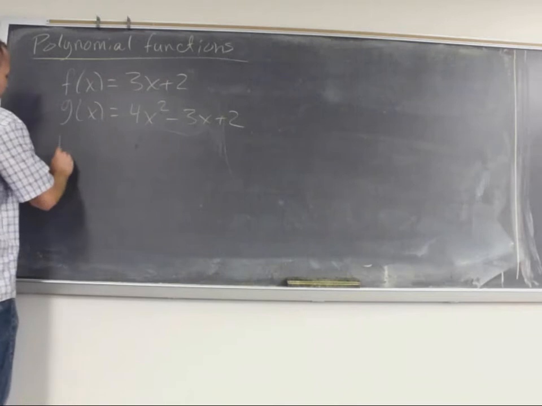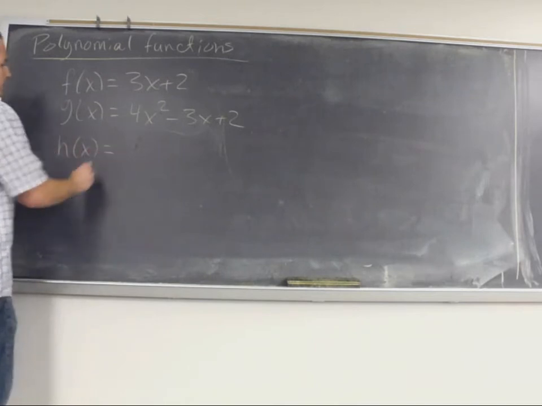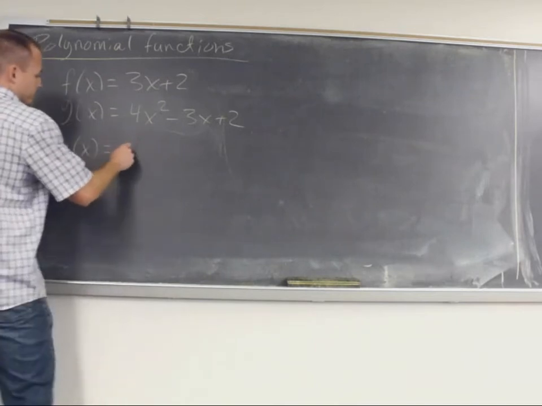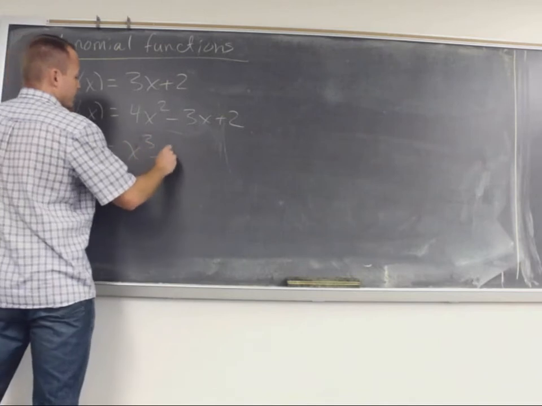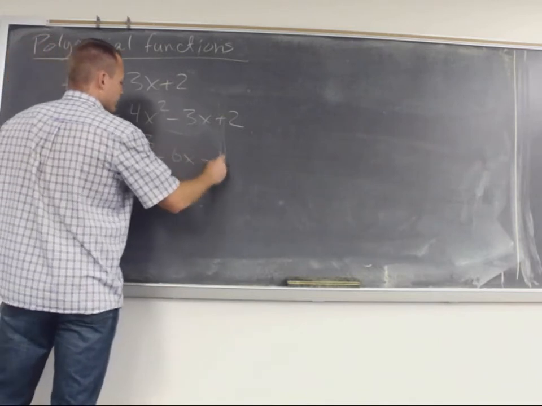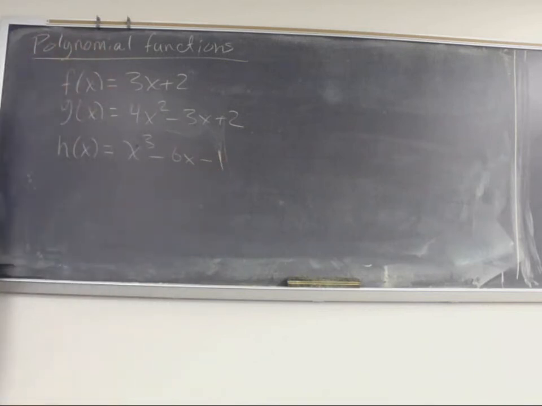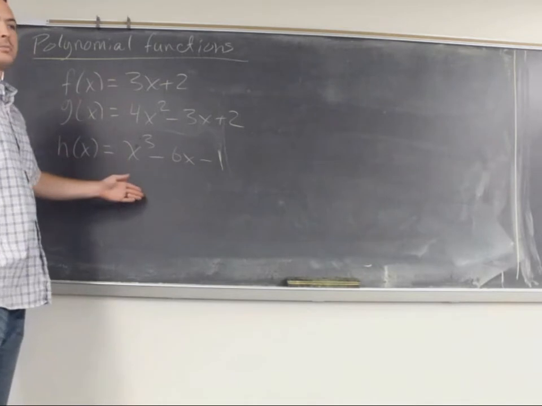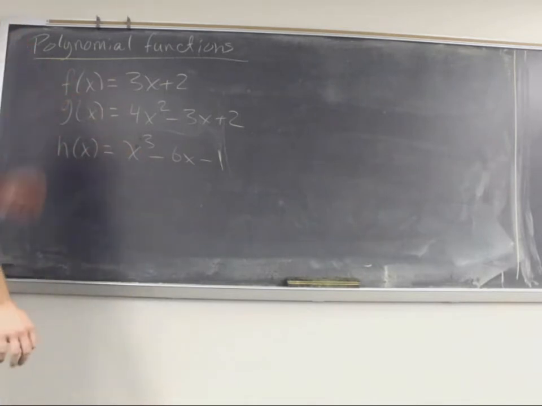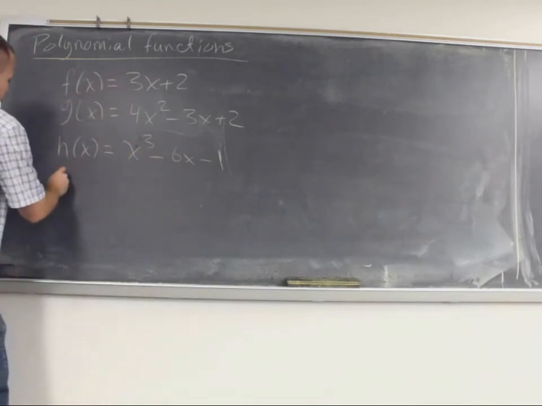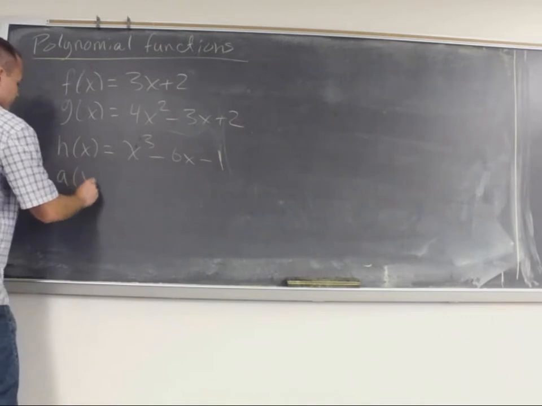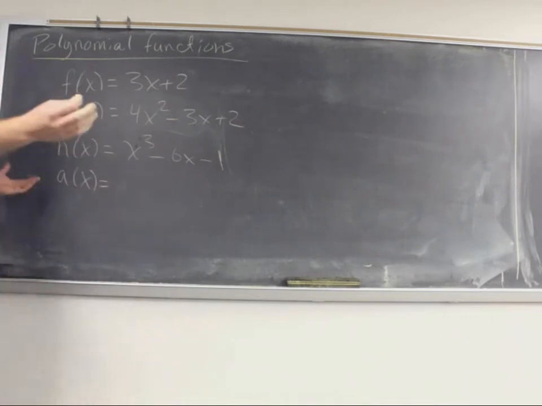So h of x, a cubic function, falls under it. If you have x cubed minus 6x minus 1, that's a polynomial function. There's infinitely many of these. I can write each one of these infinitely many times, different ways, and they'll still be a polynomial function. You could have a of x. We can go up to whatever exponent we want.